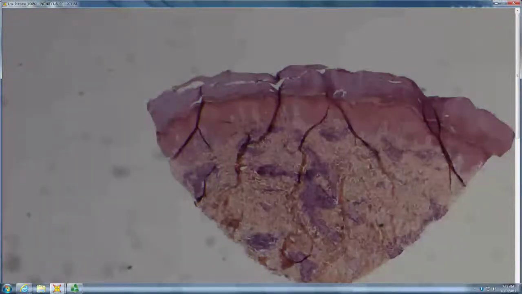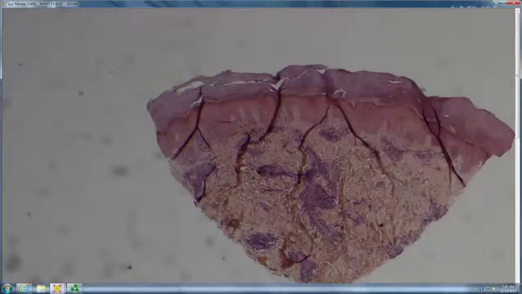Okay, Derek. All right. Looks like there's some perivascular infiltrate. Kind of looks like there's some red blood cell extravasation. Okay, so first off, what's that vessel? That's a postcapillary venule.